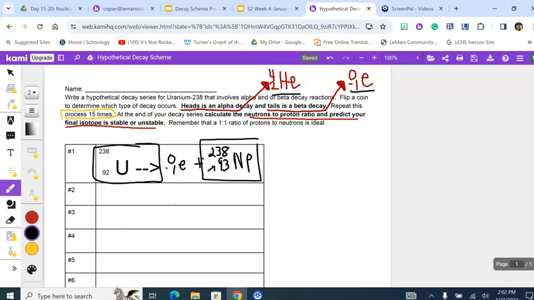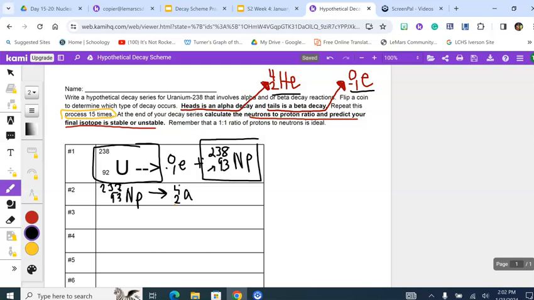So I'm going to start my next generation with my daughter. 238, 93, Np. Now I'm going to flip my penny, and it's going to flip heads. And that's an alpha particle. So that's going to give me a 4,2 alpha particle.